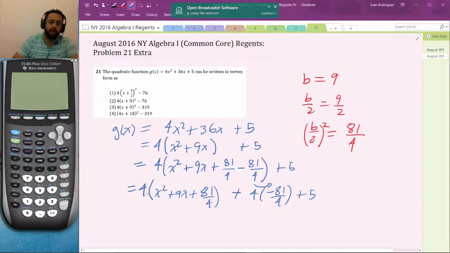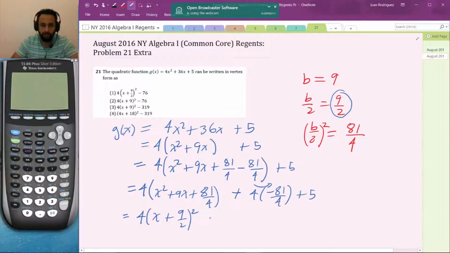Okay, and why did I do this? Because this x squared plus 9x plus 81 over 4 is, in fact, a perfect square. What perfect square is it? It's 4 times x plus 9 over 2 squared. Okay, that's why we did this.